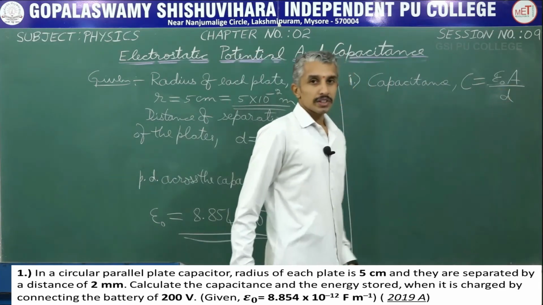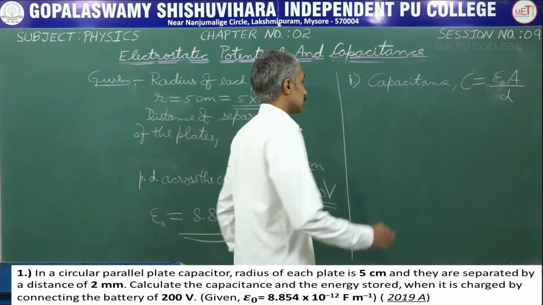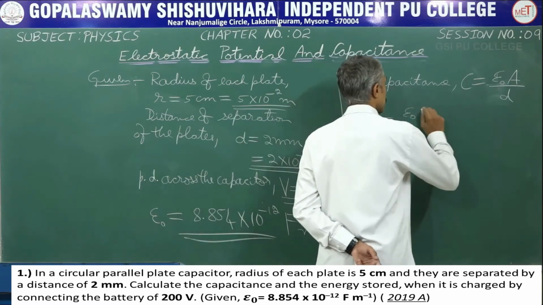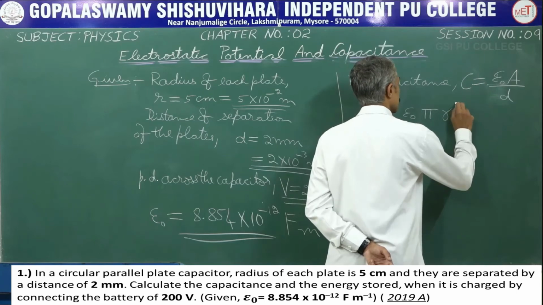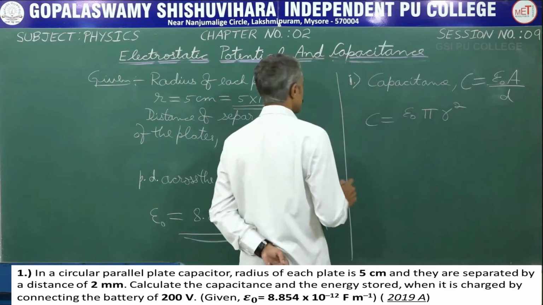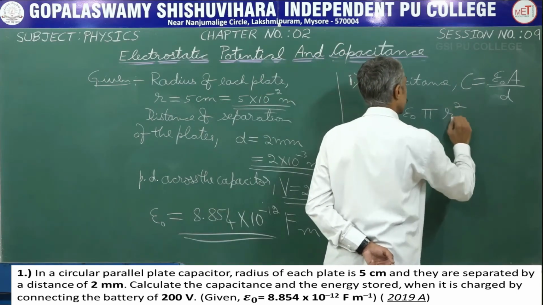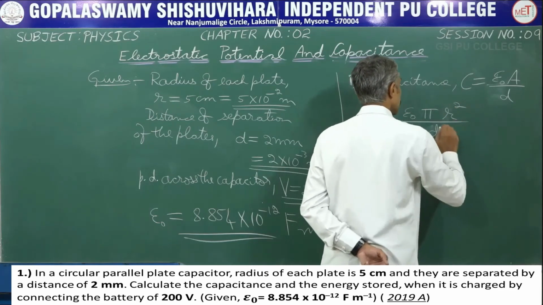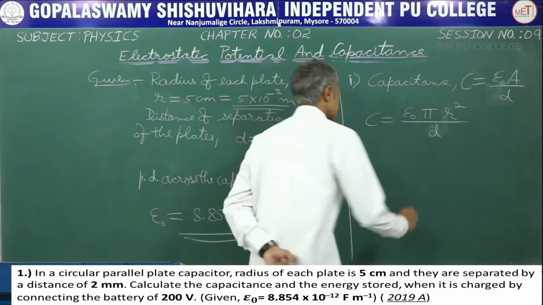The area of each plate, it's a circular plate, so capacitance becomes epsilon naught, for a circular plate the area is pi r square, divided by the distance of separation.